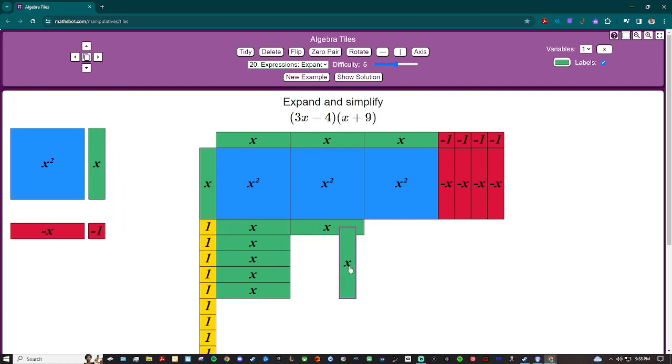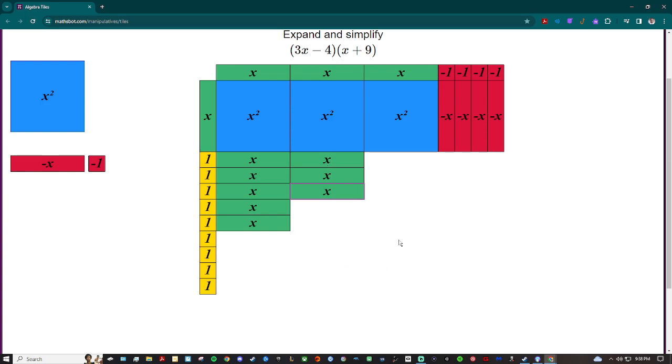X. X. X, and we'd continue and continue and continue. Okay, so you would fill this all in with x's, and we would see that we would have 1, 2, 3, 4, 5, 6, 7, 8, 9, 18, 27 x's. 27 x's.